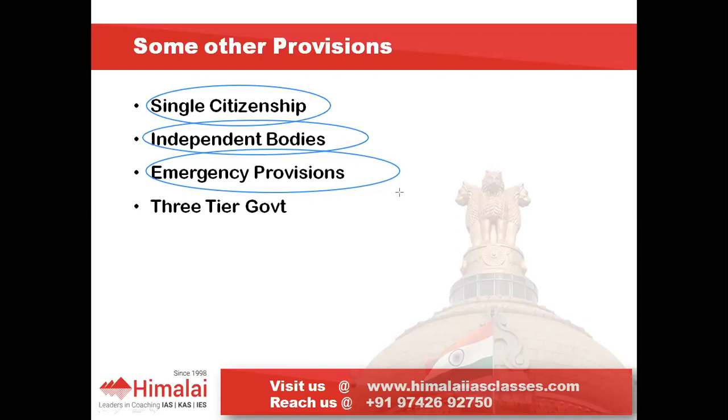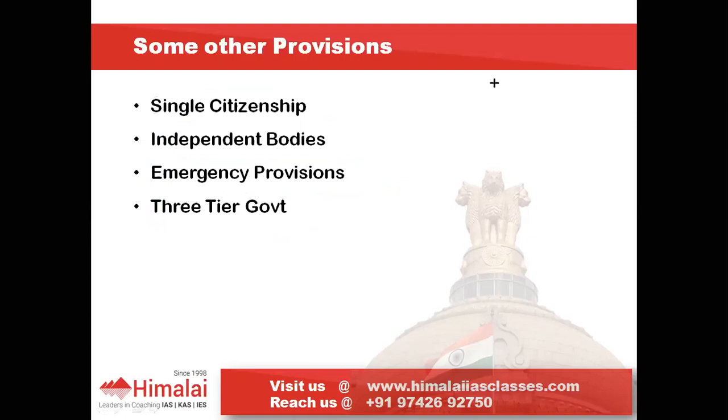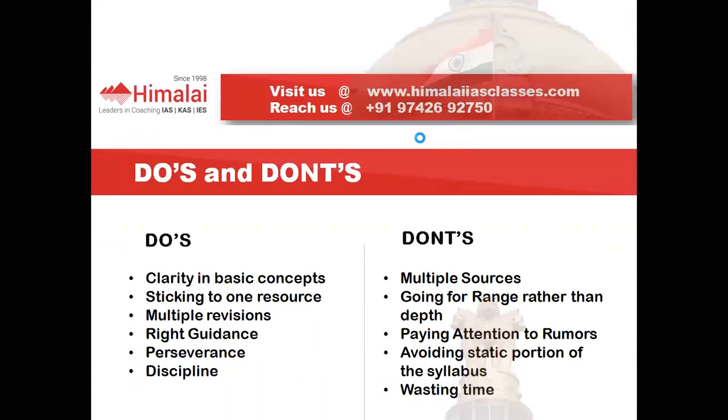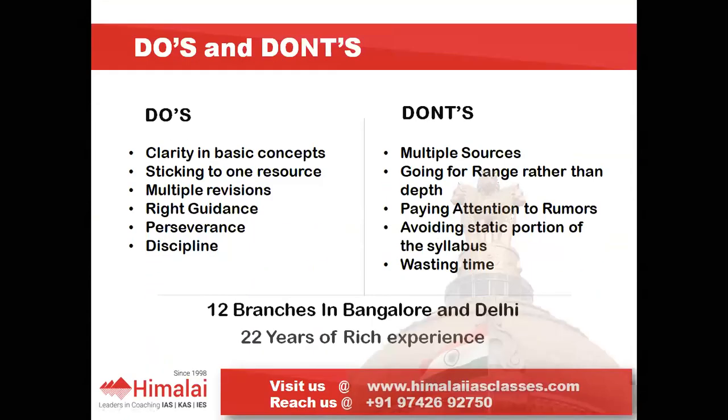Also, we have moved beyond the federal structure. Now we have added another third level of government into our constitution by the 73rd and 74th Amendment Acts. So now our governmental structure has become 3-tier instead of 2 tiers. So these were some of the significant provisions of the Constitution.